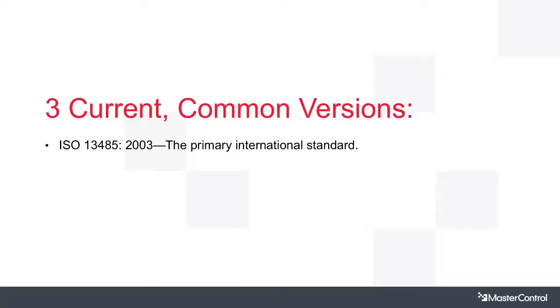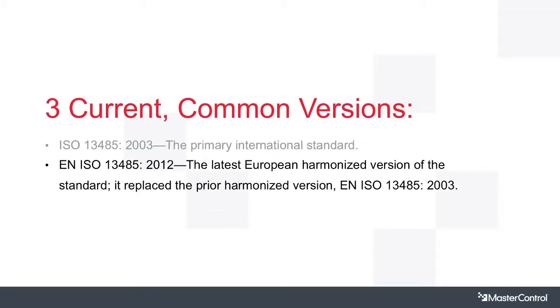Right now, what's interesting is that we have three common versions of this 13485 standard out there. The 2003 version is the primary international standard without any unique changes or additions to it. The 2012 version of ISO 13485 had a more European harmonized orientation, which replaced the 2003 version on the basis of the EN ISO orientation of that standard to meet the intent and design of regulation in the European theater.